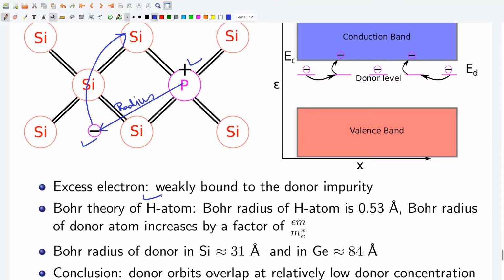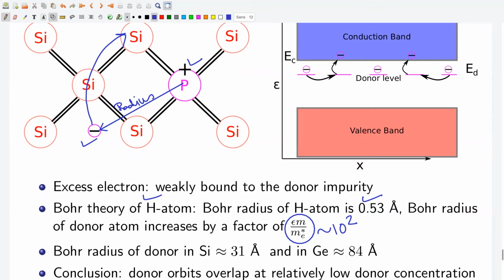Bohr radius in hydrogen atom is 0.53 angstrom. For a donor atom in silicon or germanium, it increases by a factor of epsilon times m divided by me star. This factor is almost 10 power 2 in silicon or germanium. This is again due to the reduced Coulomb force between the positively charged impurity atom and the electron.